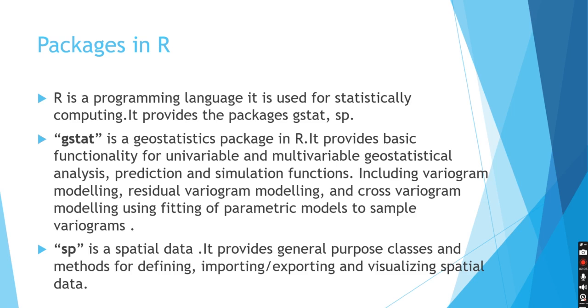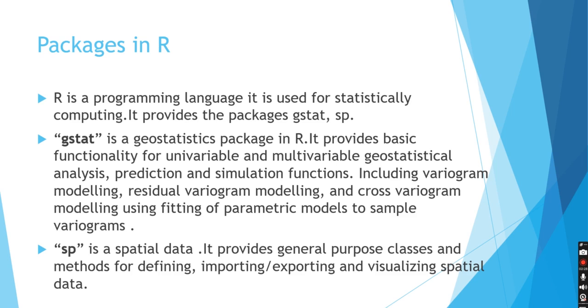If you have only one variable, you do it for that variable. If you have two or more variables, then you use gstat in your program, including variogram modeling, residual variogram modeling and cross variogram modeling. These are the modelings we have used with gstat.